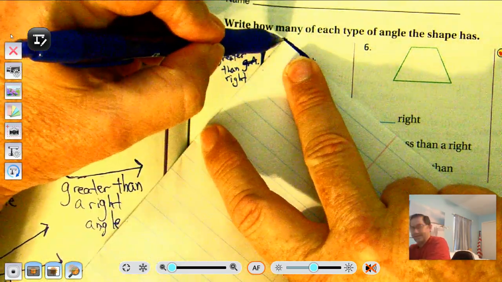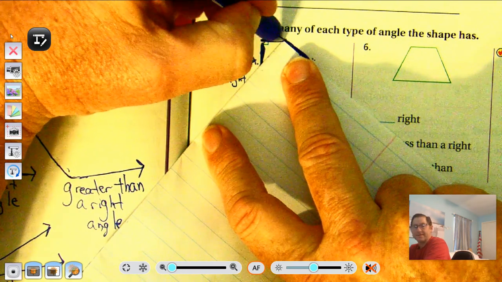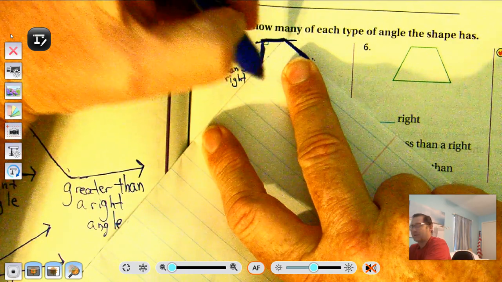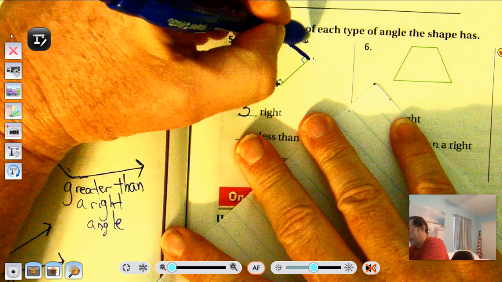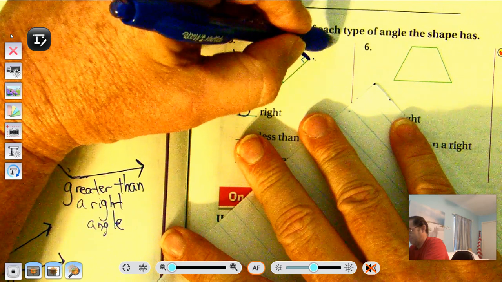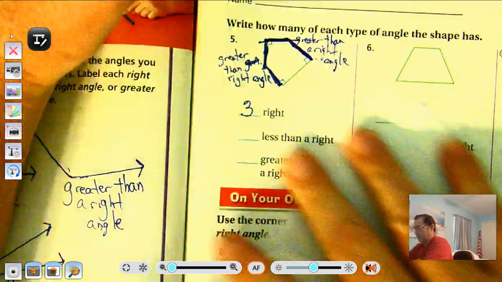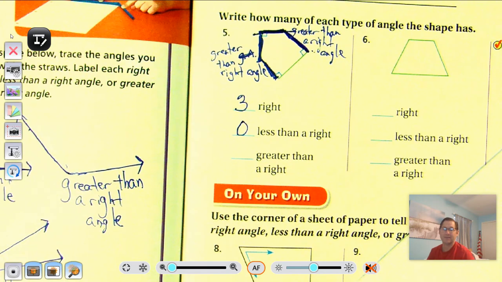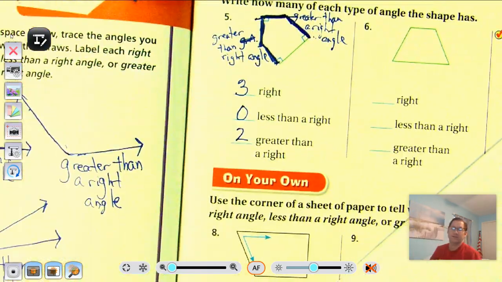I'm going to put the point at the vertex. And again, I see that the other line segment is off of the edge of the paper. So that's greater than a right angle. So this one has 0 angles that are less than a right angle, and it has 2 that are greater than a right angle.